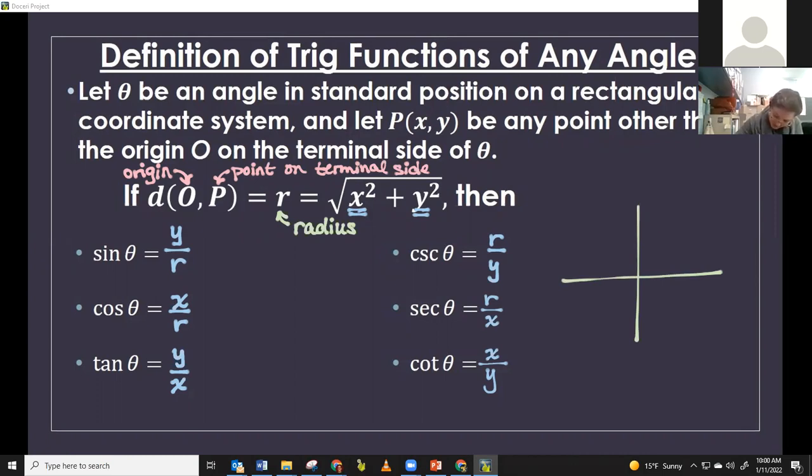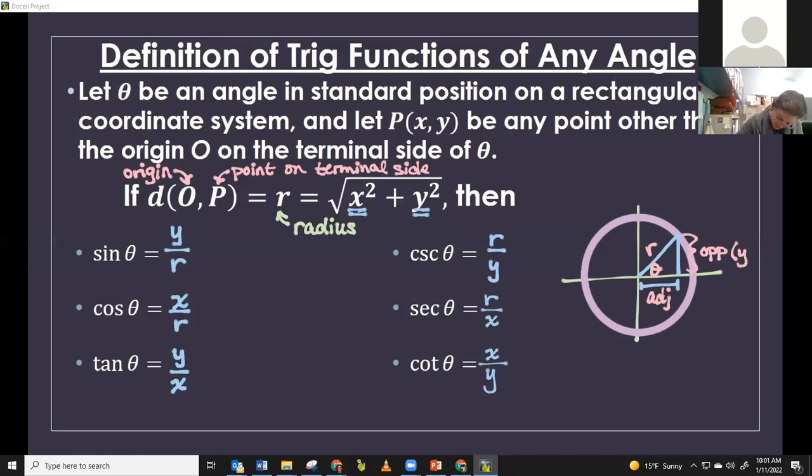But if I have my circle and I look at my angle in standard position, theta is here, this would be my adjacent side, this would be my radius, and this would be my opposite side. So you can see that that corresponds to y, my adjacent side corresponds to x, and then we have our radius there. So that's why we can define it in these ways.